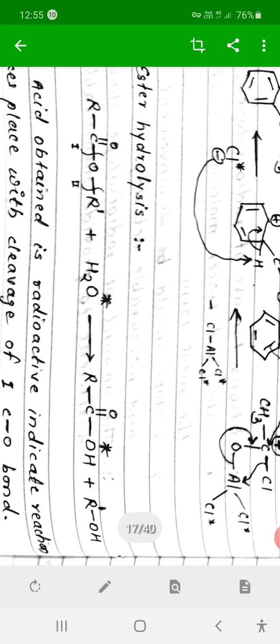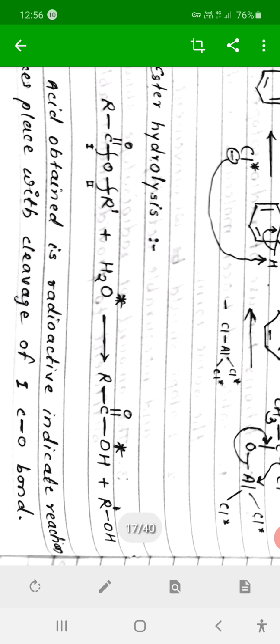The reaction may proceed by breaking of the first bond, which is known as the acyl oxygen bond. RCO is known as the acyl group, and with oxygen, the first bond is known as the acyl oxygen bond.